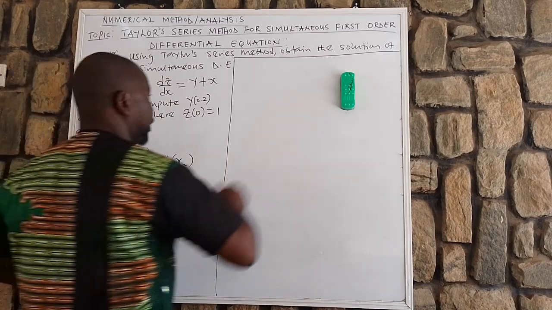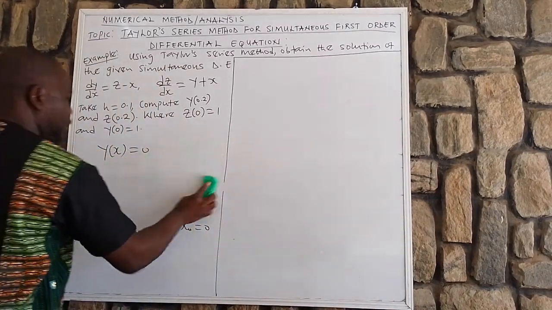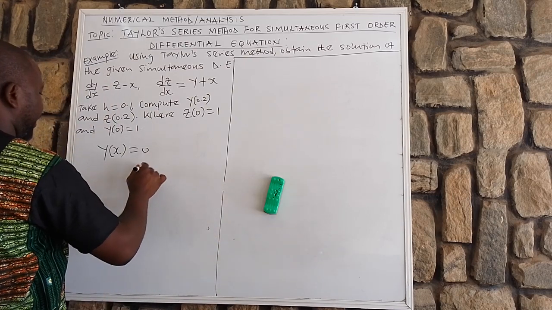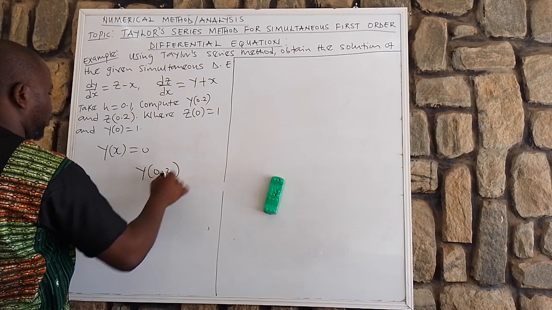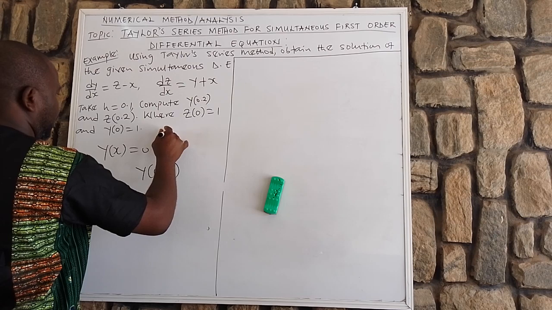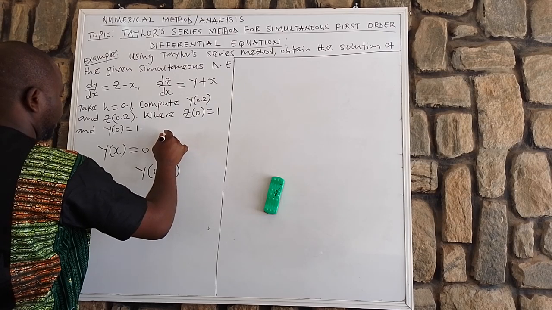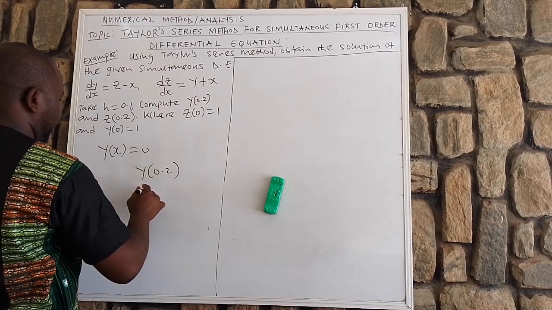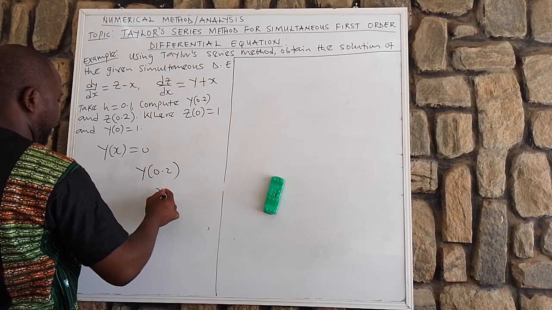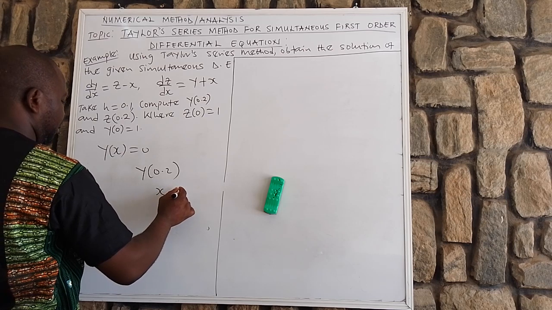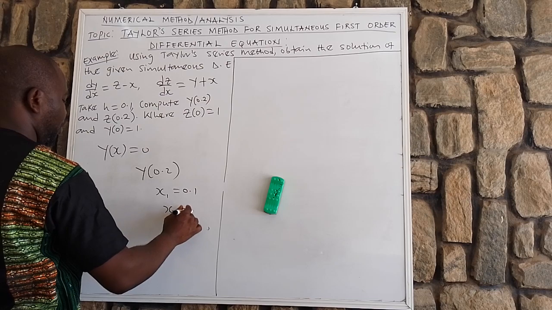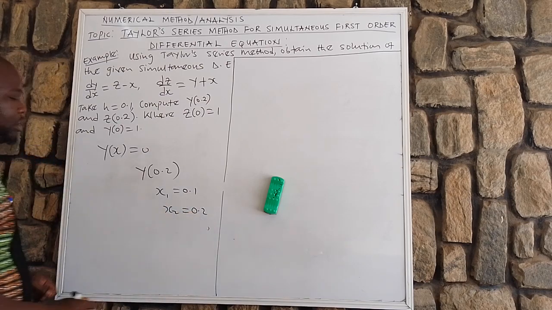So please take note, I want to explain something for you to know and understand. So now our y of 0.2 means that our x1 is equals to 0.1, then x2 is equals to 0.2.